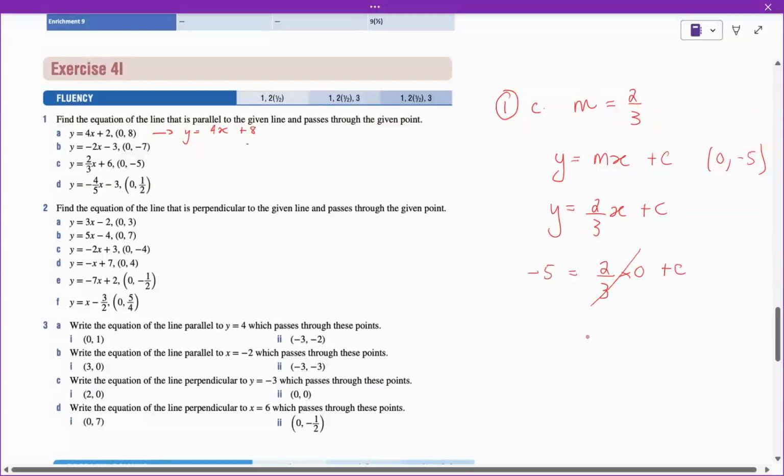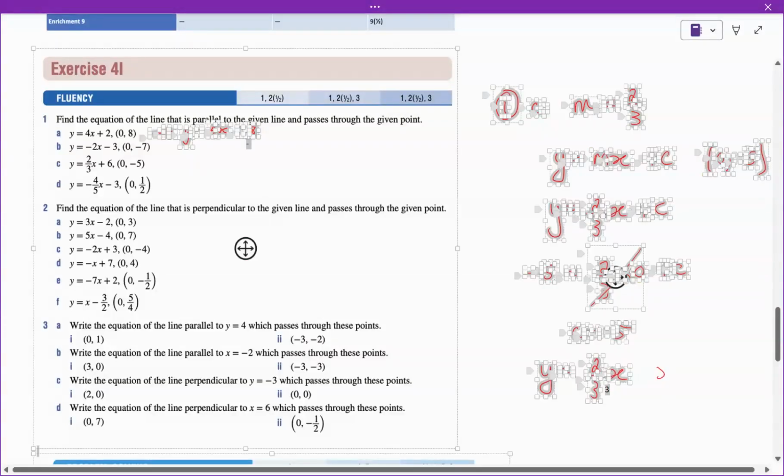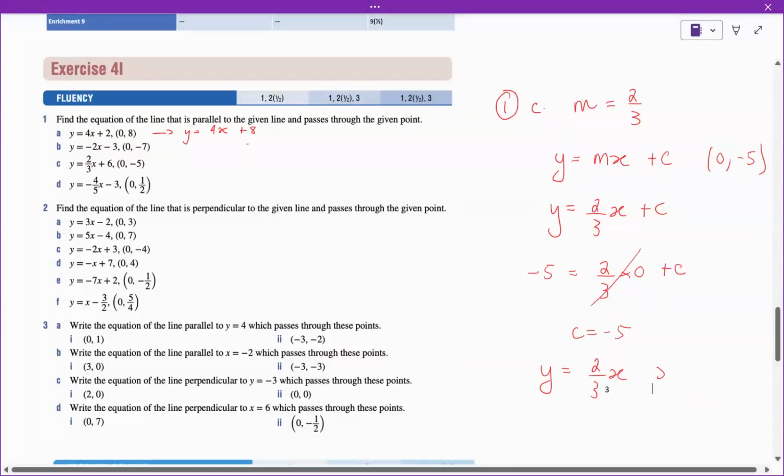Now that goes away, and we're left with c equal to -5. Therefore, my equation is y equals 2/3x minus 5. Sorry, 2/3x. Let me delete that funny 3 there. 2/3x minus 5.